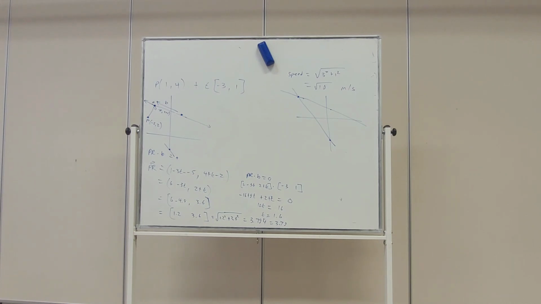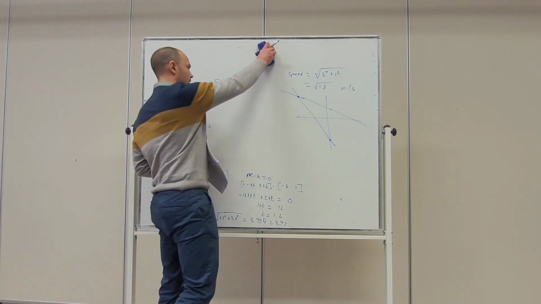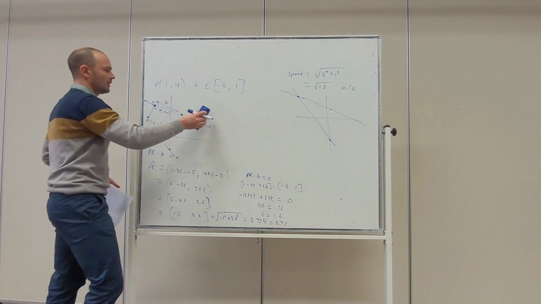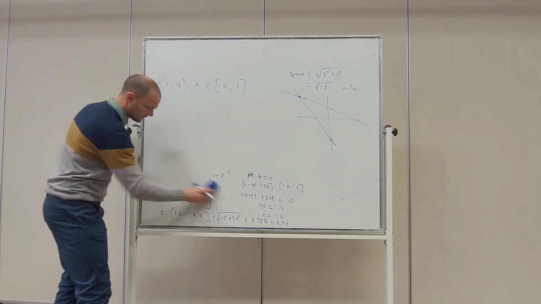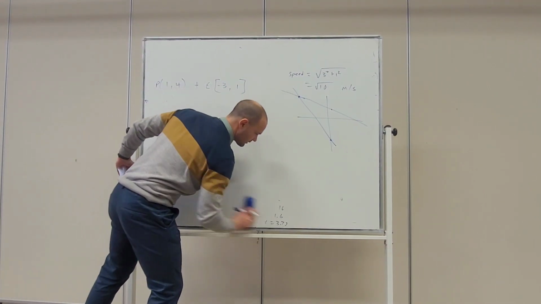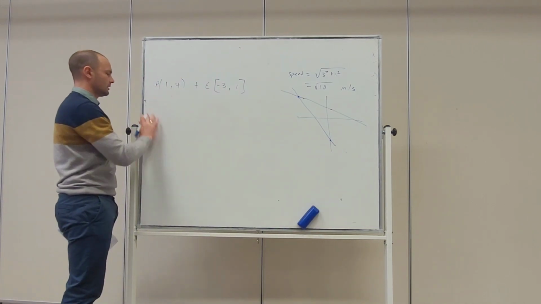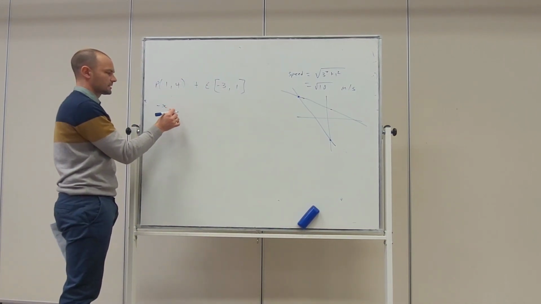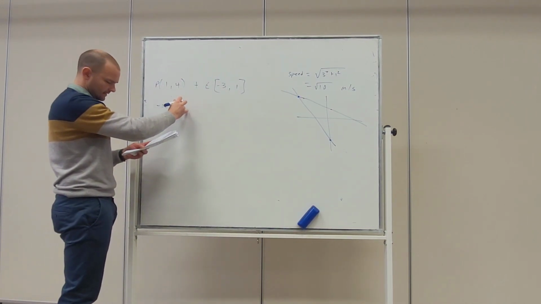We need to find the angle between them. So what we'll do is determine when it occurs first. We want to know when this line meets this line, which is y equals minus x take 10.